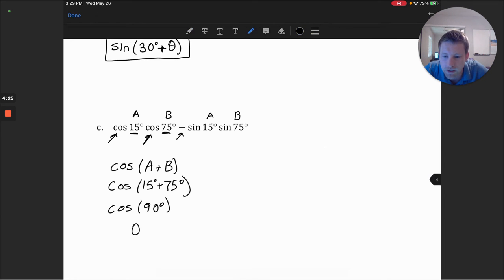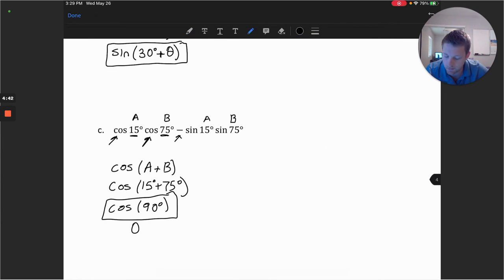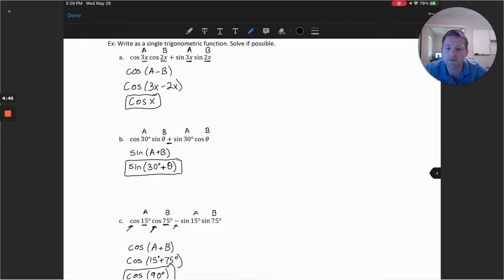So cosine of 90 is always 0. All right, so that would be our expression. This would be the final trig function there, but that would also be equal to 0 if we needed to simplify. So hope this helps with working with those sum and difference identities.